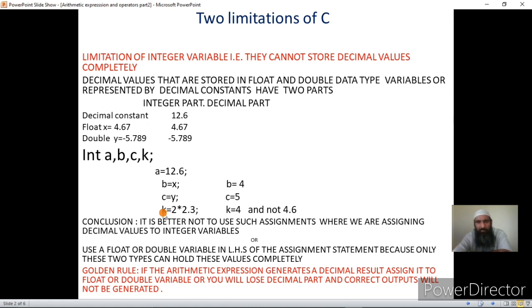This is the right type of container or right type of storage for such values, and integer is not a right type of storage for decimal values.